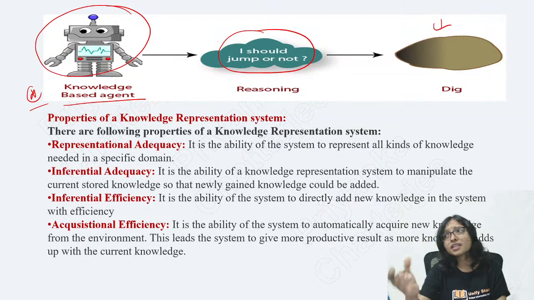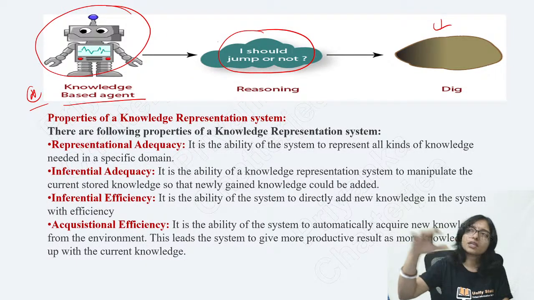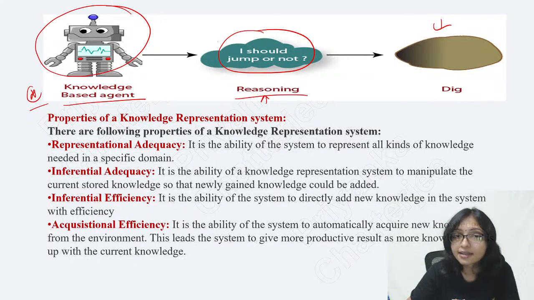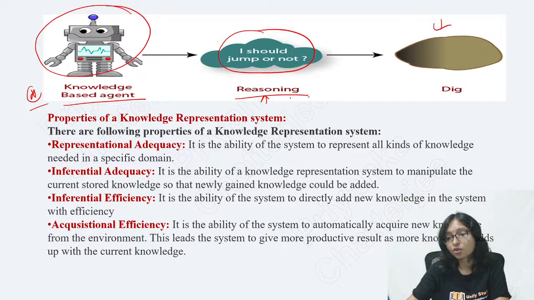Now the moon surface is not a plain surface. There can be some digs. So many problems can happen. The robot has to take the decision. The robot will ask itself only, should I jump or not? Who will answer? There is no one to answer. Ultimately the robot has to take the decision, that I should go or not. That is the reasoning. This reasoning skill is required.